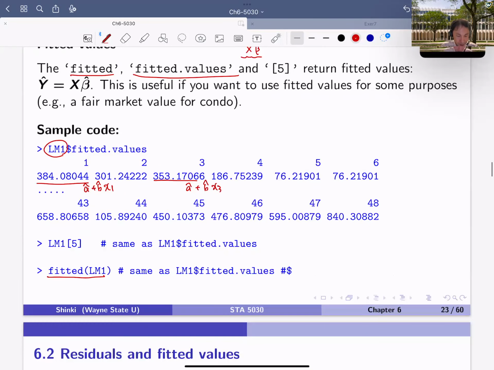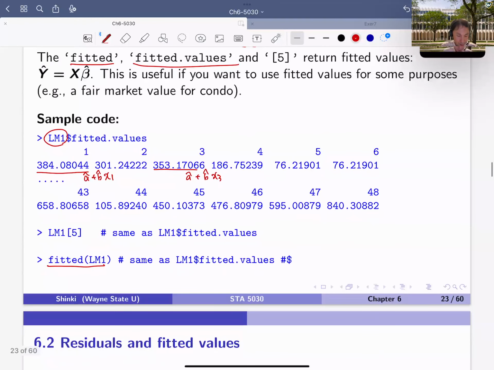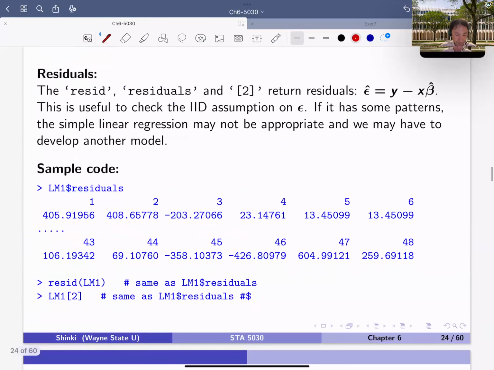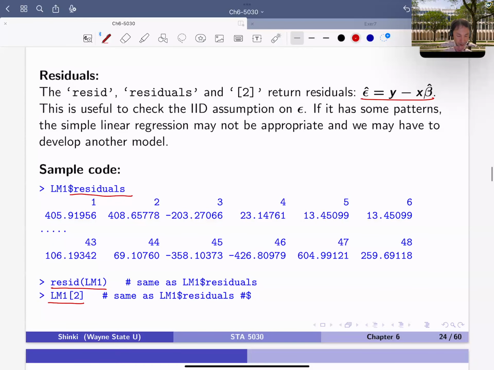The same quantity is obtained by fitted(lm1) or lm1 bracket 5. And residuals is epsilon hat. This is obtained by $residuals or resid of the lm object or lm1 too. So in this way, this is epsilon 1 hat, epsilon 2 hat, and so on.